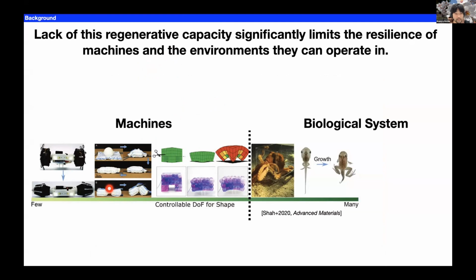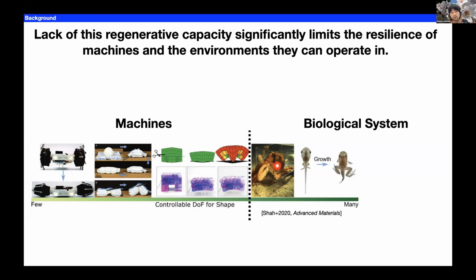The figure presents the controllable dimension of freedom, from few to many. For example, this machine can transform its leg from a wheel to a pedal.